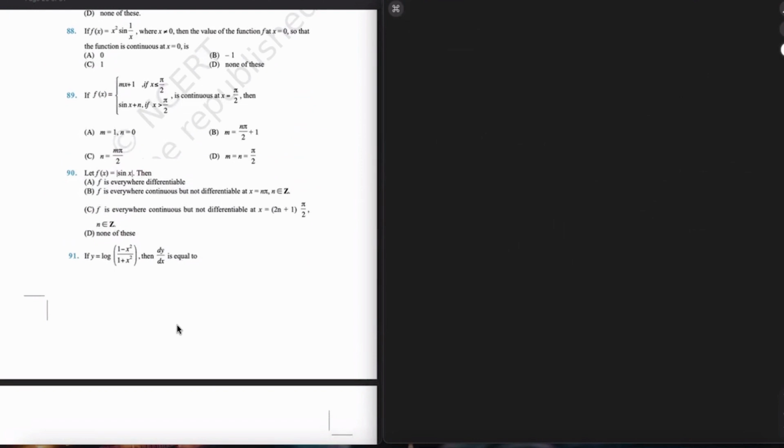x square sine of 1 upon x, so that the function is continuous at x is equal to 0. So we know that f(x) is continuous at x is equal to 0. Since f(x) is continuous, the limit must exist.